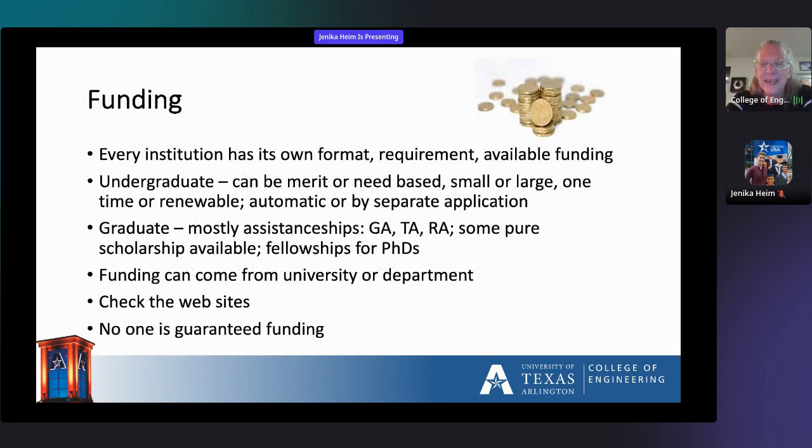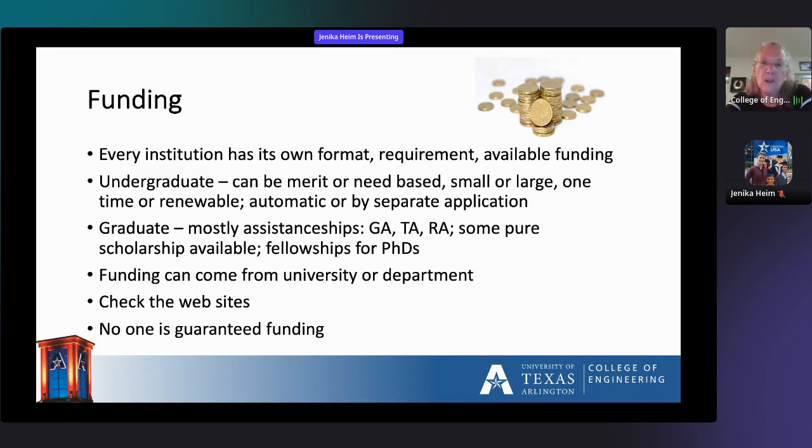So funding, both at the graduate and undergraduate level, every institution has its own format, requirements, and available funding. Some private institutions might be a little less restricted in their funding mechanisms than public institutions.